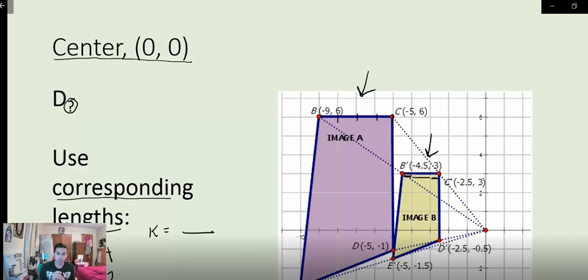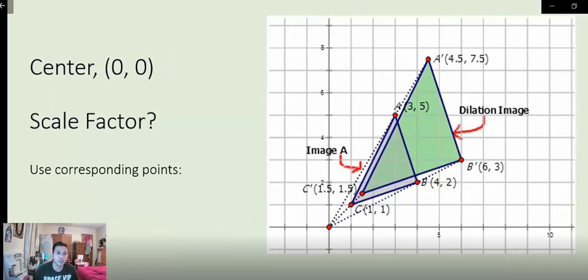K is equal to 2 over 4, that is 1/2. So it has been dilated using a scale factor of 1/2. The question mark there would be 1/2. All right, so that's D sub 1/2.